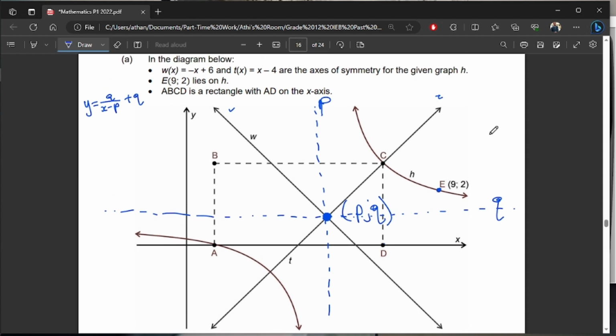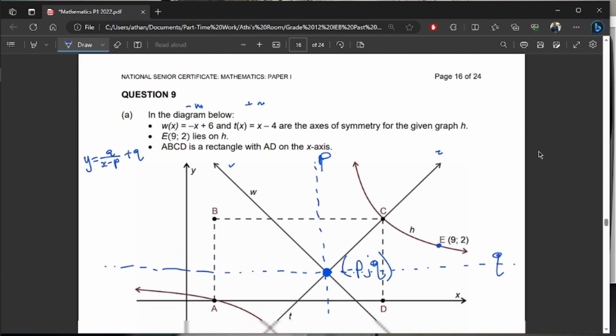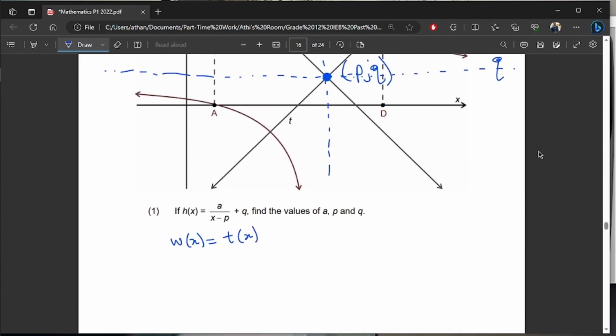When I do my calculations, it's negative x plus 6 and x minus 4. At that point, the graph of w is equal to the graph of t. The graph of w is negative x plus 6, and this is equal to x minus 4.